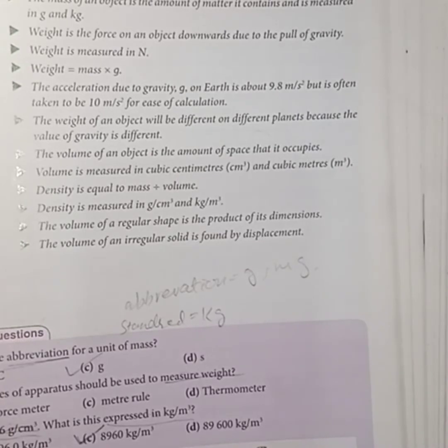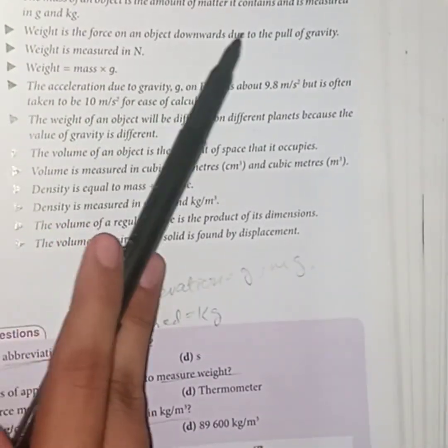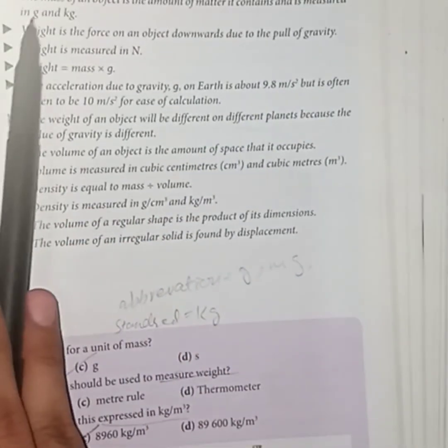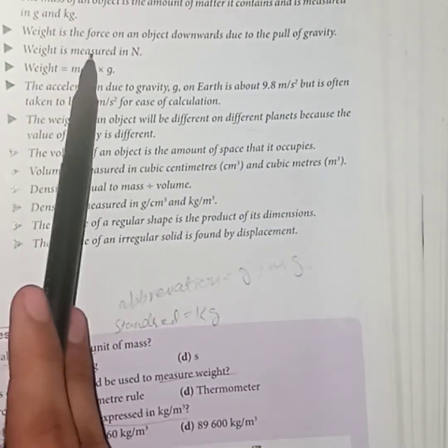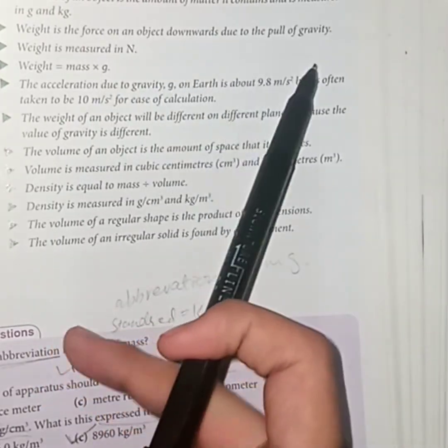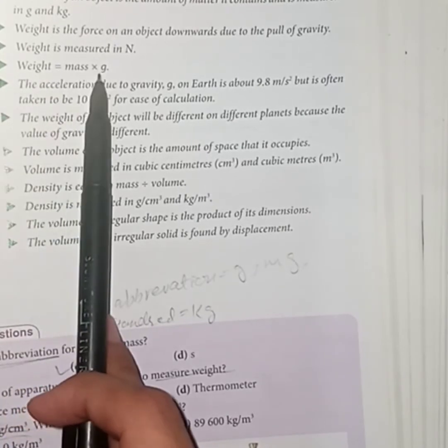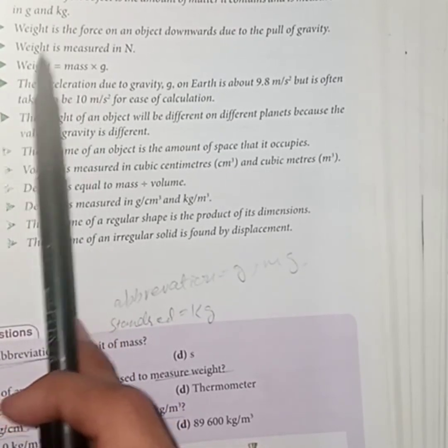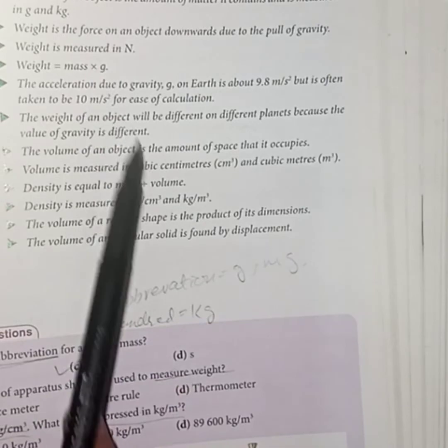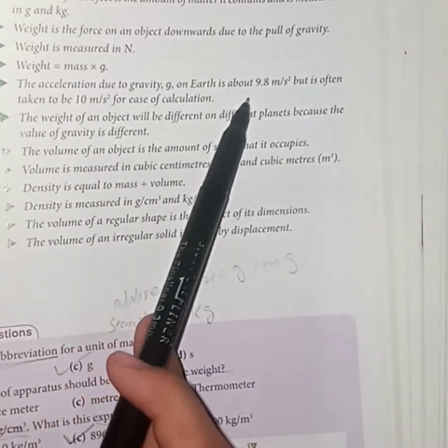Okay, and here is a quick revision. The mass of an object is the amount of matter it contains and is measured in gram or kilogram. Weight is the force on an object downwards due to the pull of gravity, which I already taught you. Weight is equal to mass multiplied by gravity. Weight is measured in newtons, and the acceleration due to gravity on Earth is about 9.8.